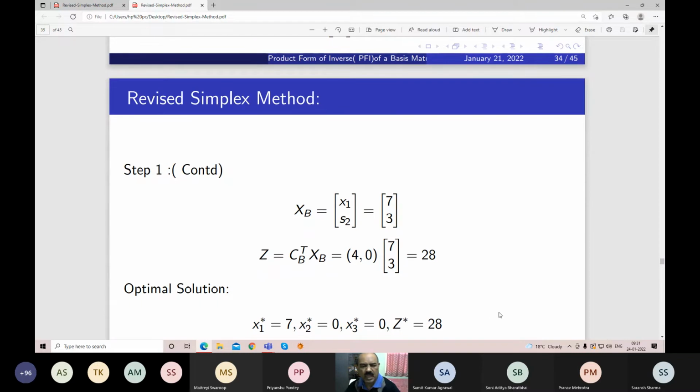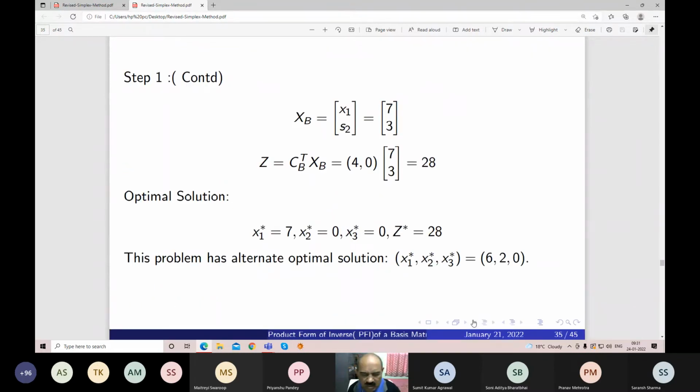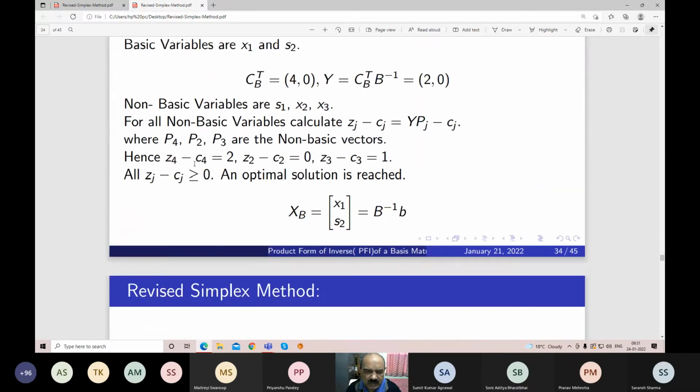And further, we observe that there is an element, Z2 minus C2, whose indicator is 0. The 0 indicates there may be an alternate optimal solution. Since Z2 minus C2 equal to 0, we have an alternate optimal solution.